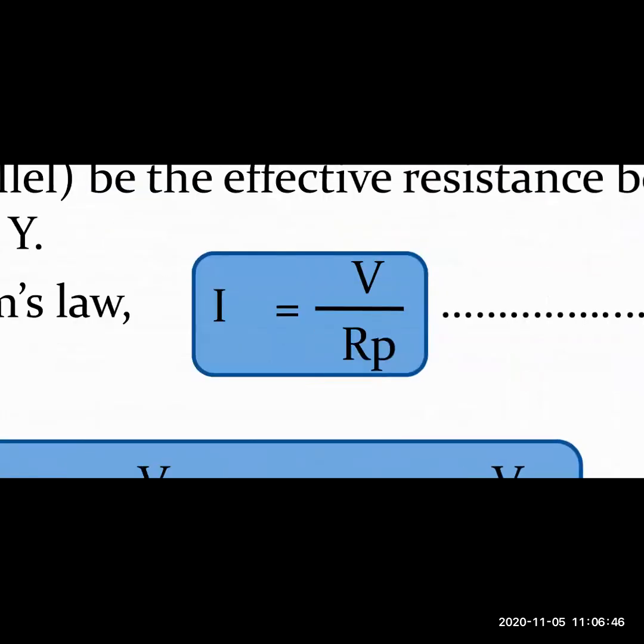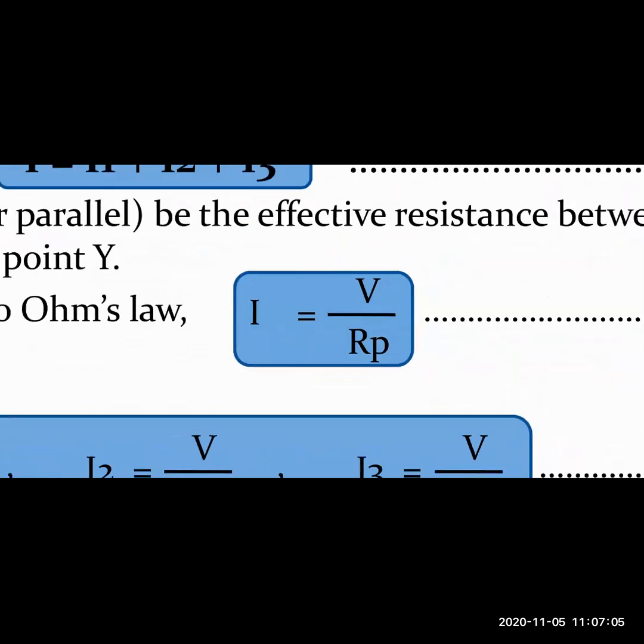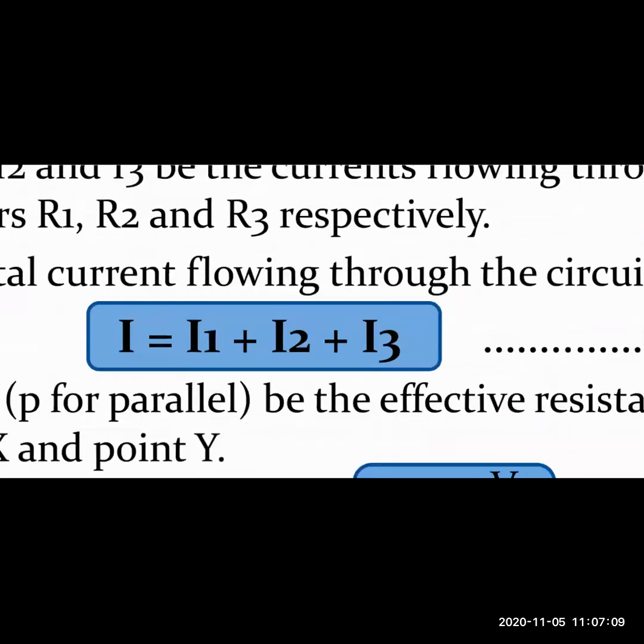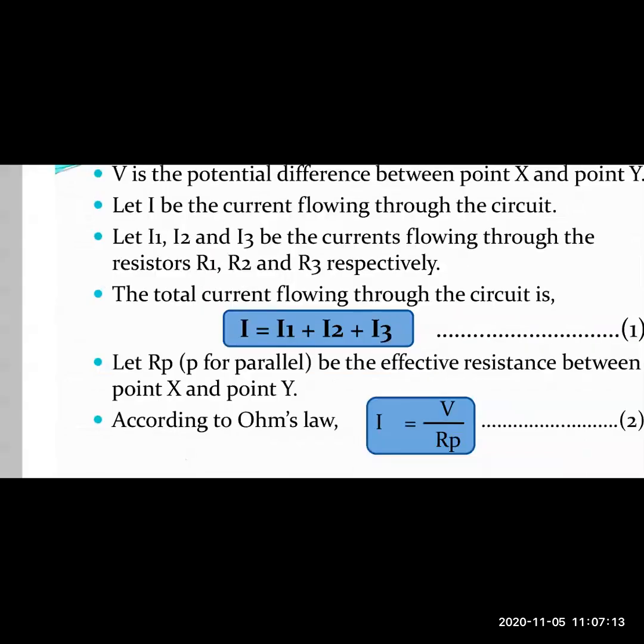In a parallel combination, the voltage remains constant. So if we take voltage as constant, I can write I is directly proportional to 1 by Rp. That means the current flowing is directly proportional to the inverse of the total resistance. And the total current flowing through the circuit is the sum of the individual currents flowing through all the resistors, that is I1 plus I2 plus I3.